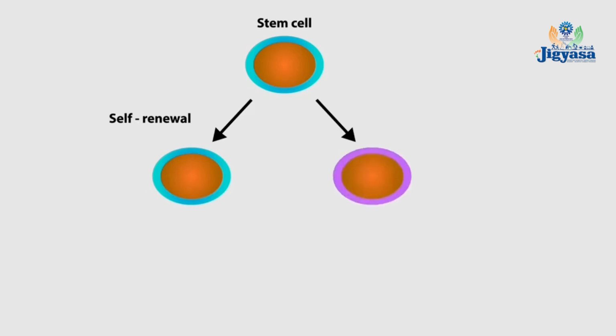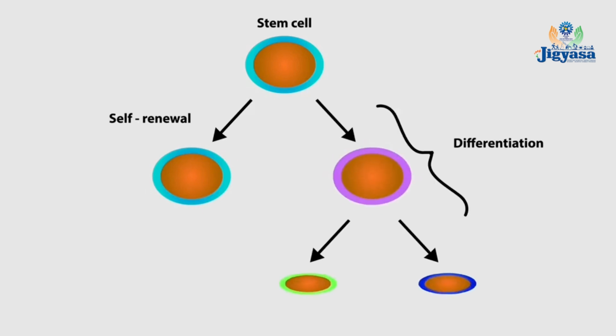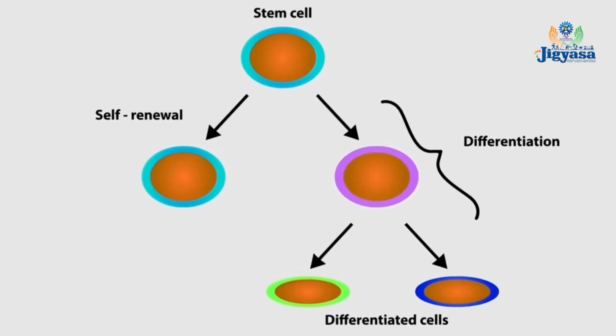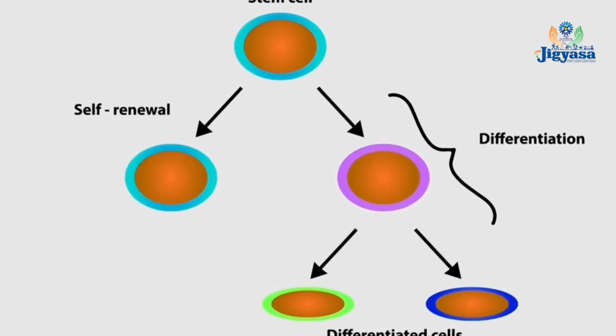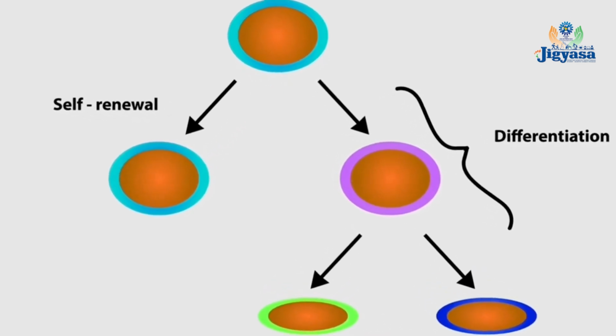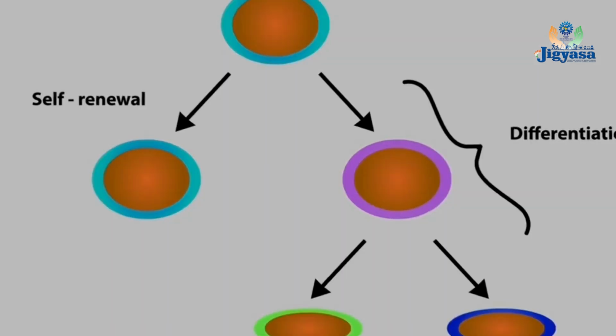We know stem cells are undifferentiated cells with the capacity to both differentiate and multiply into 200 cell types that form a human being.